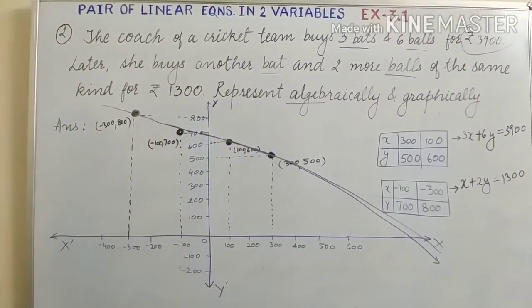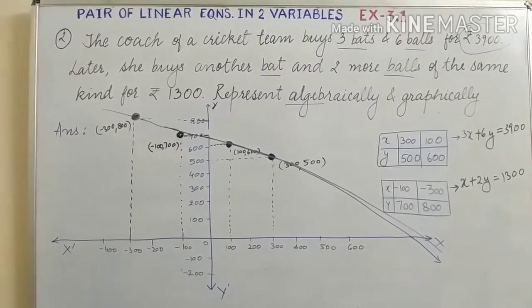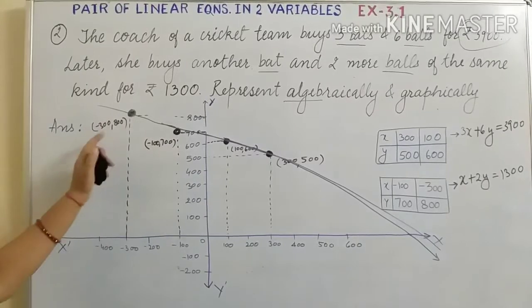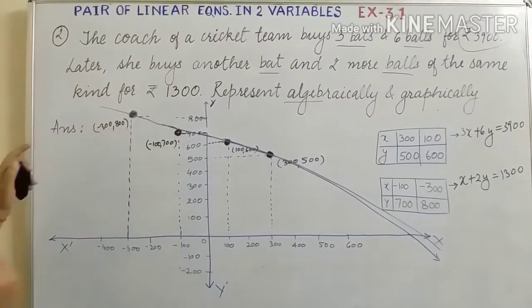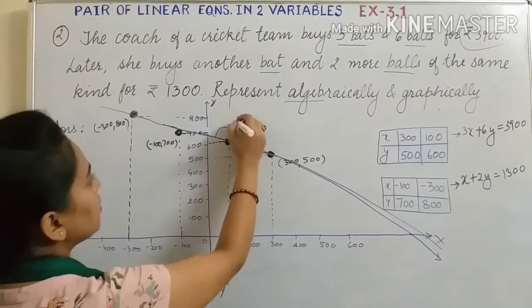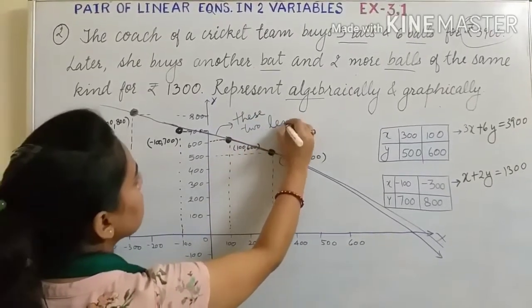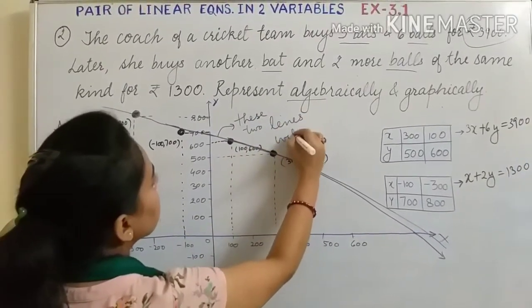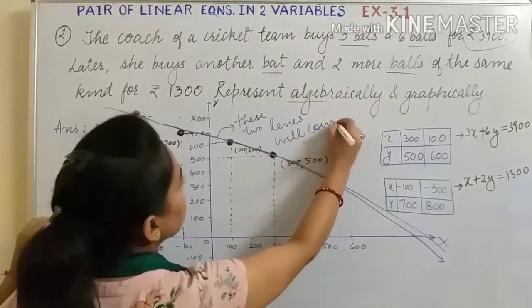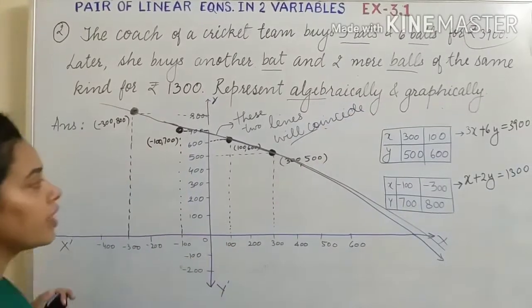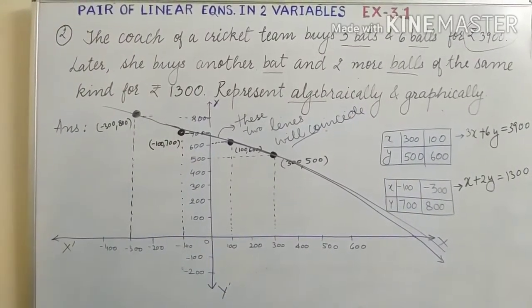That means the 2 lines will be coinciding with each other. When you draw these lines and these coordinates in the graph paper, you will see that both of these lines will coincide. Okay, this you will get to know when you actually draw it in the graph paper.